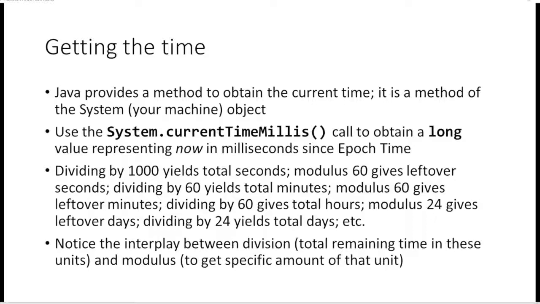I'm sorry, divide by 60 to get the number of hours. Mod 24 for the leftover days. That'll be some hours left over, and then the number of days. So this process of doing a modulus and then a divide with integers allows us to easily compute the number of seconds, minutes, hours, and days.